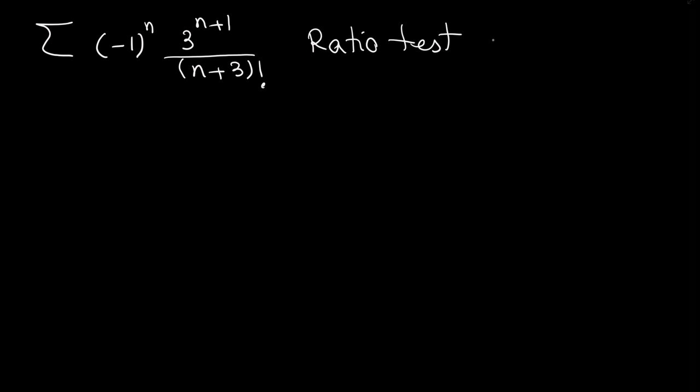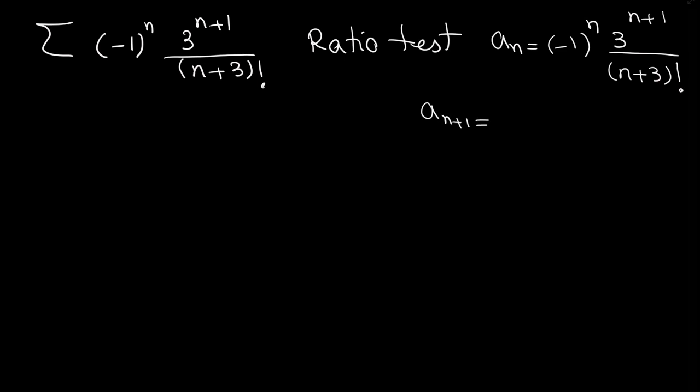By the ratio test, we have a_n. Here a_n is (-1)^n times 3^(n+1) over (n+3) factorial. More than a_n, we need a_(n+1) as well.